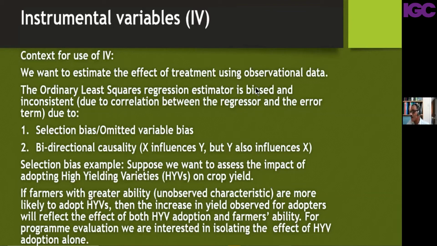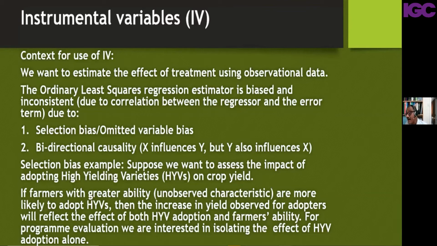And this is because of what is called the correlation between the regressor and the error term. And this happens because of two reasons. One is selection bias, which we have already seen, or sometimes you can have what is called the omitted variable bias. We will just take an example.